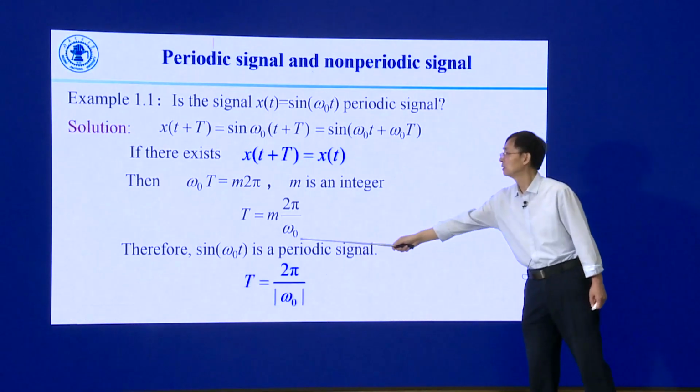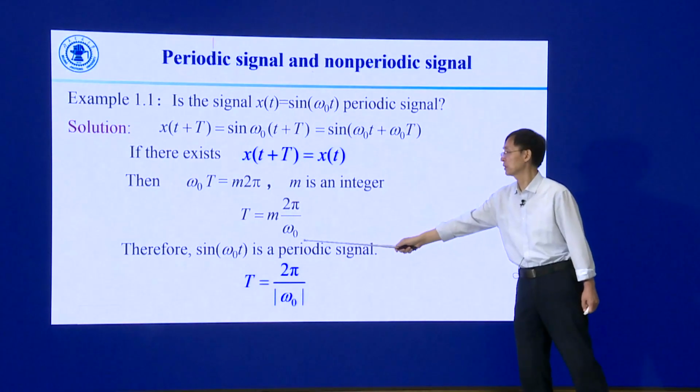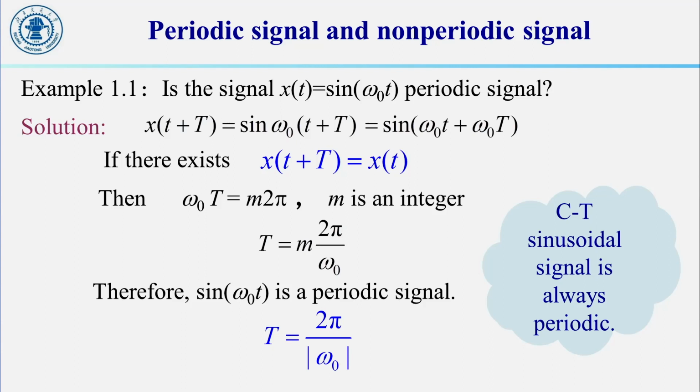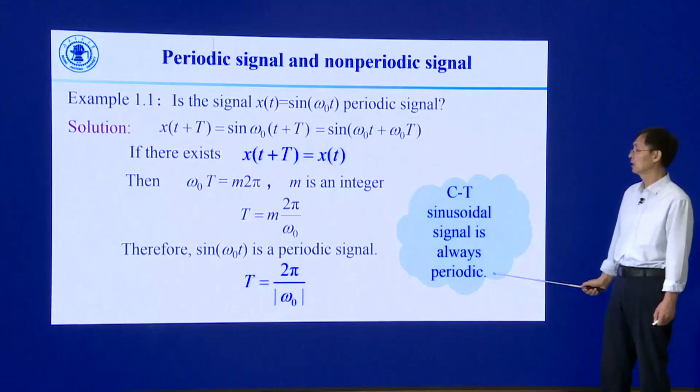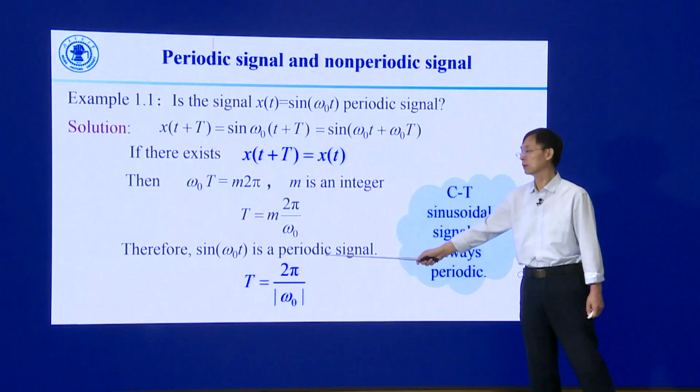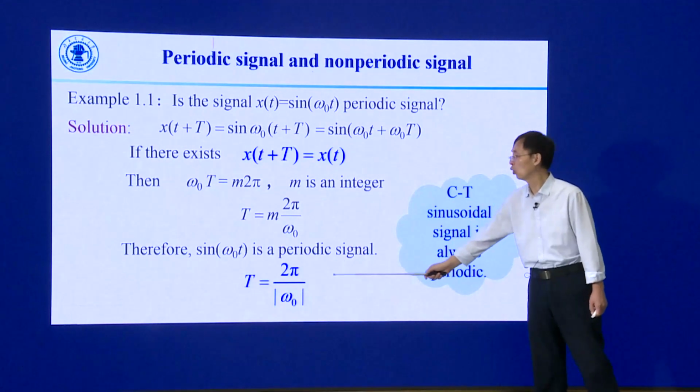So, the sine function is a periodic signal. Therefore, a continuous time sine signal is always a periodic signal. Its period T equals 2 times pi over omega 0.